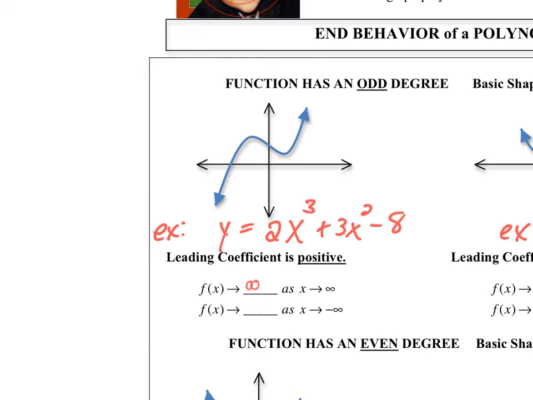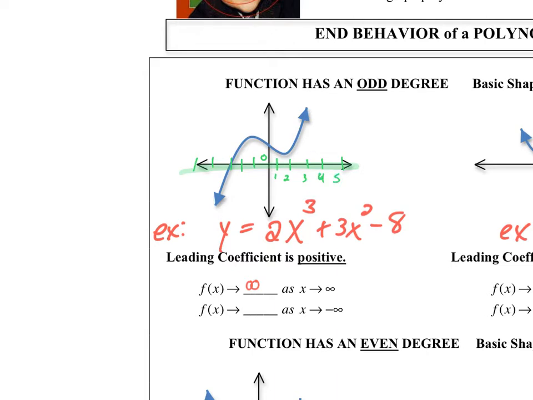So what this means, if you look at your x-axis, and I'm going to change colors here, 0 is in the middle, and then we have 1, 2, 3, 4, 5, and so on, and -1, -2, -3, -4, -5.